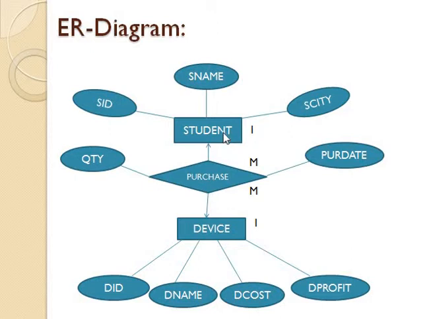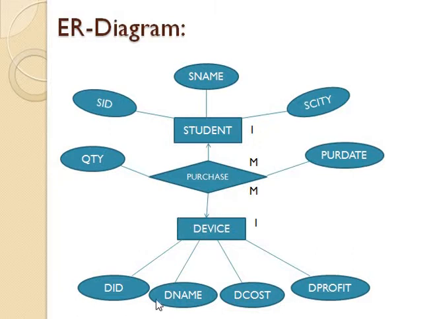That means a student purchases a device. The entity student has three attributes, that is SID or the student ID, the S-name or the student name, and S-city or the city that the student lives in.